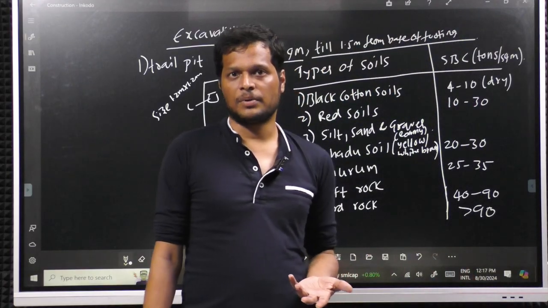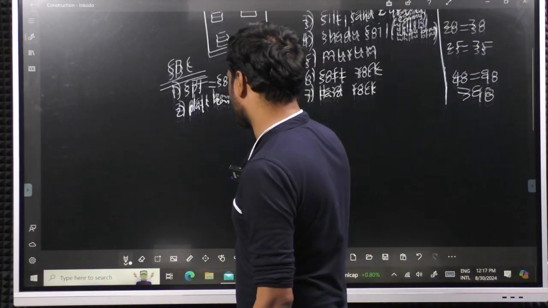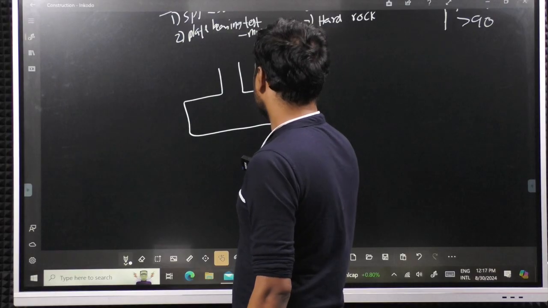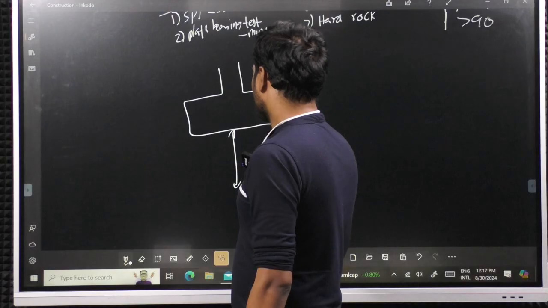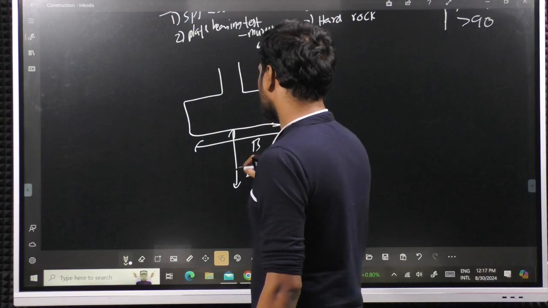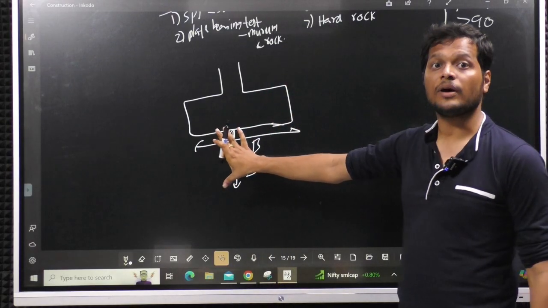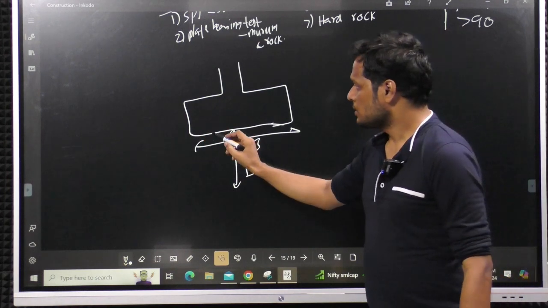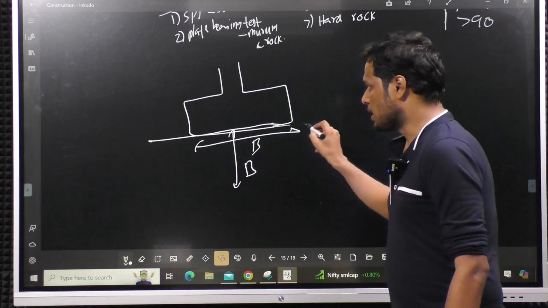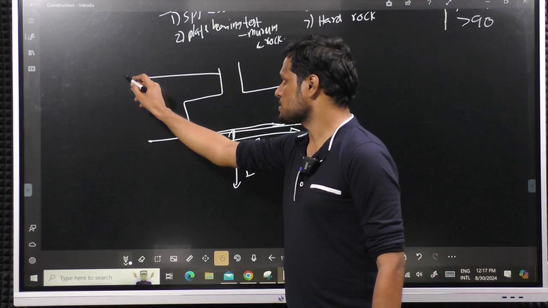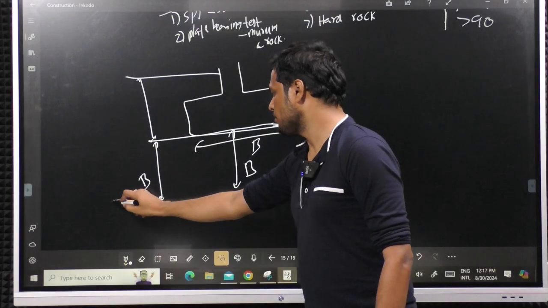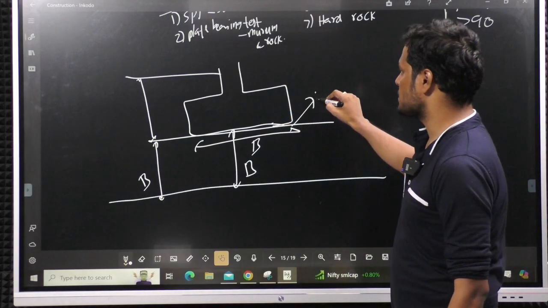Why do we have to take it till 1.5 meters? If you remember, for a shallow foundation, till the breadth of the footing we will have an effect. If you remember the Terzaghi theory, not only the soil at the foundation or above it, but the soil till the level B will affect the bearing capacity of the foundation.